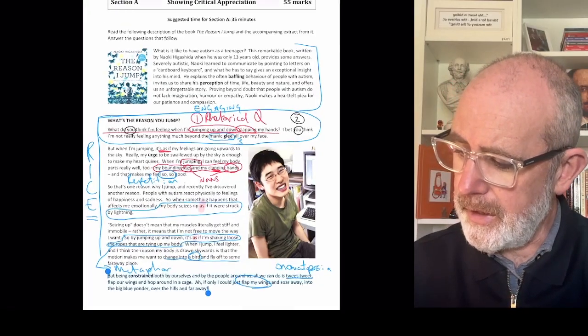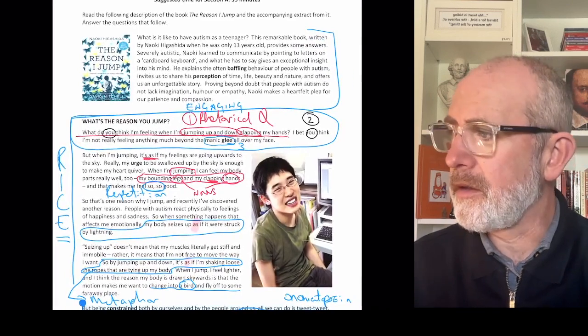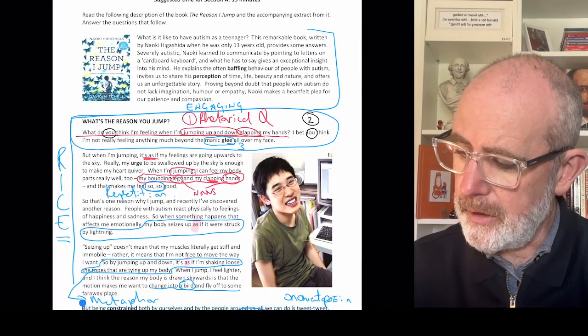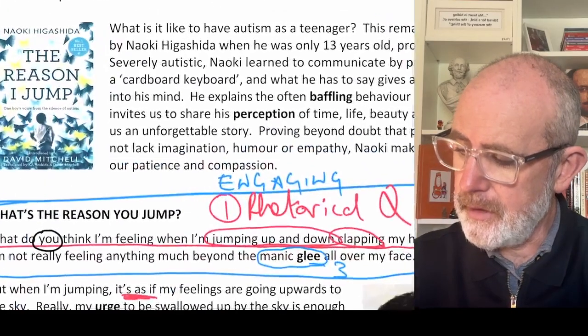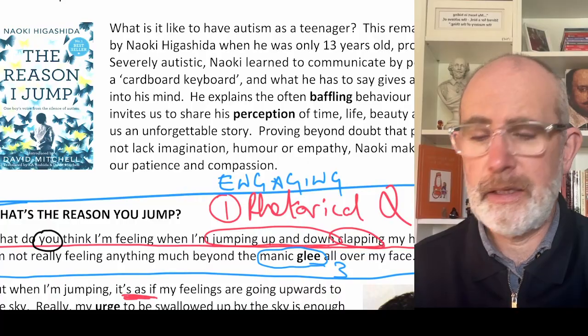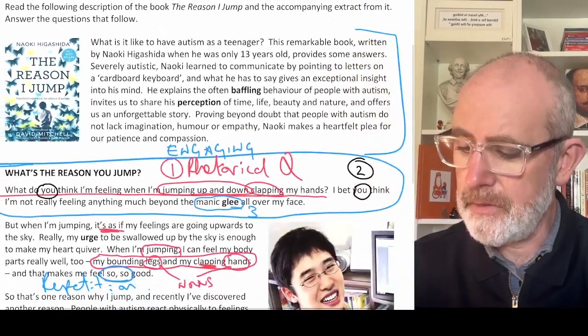This was from a memoir called The Reason I Jump by a young man called, you can see his name there, I think it's pronounced Naoki Higashida, and he is severely autistic.